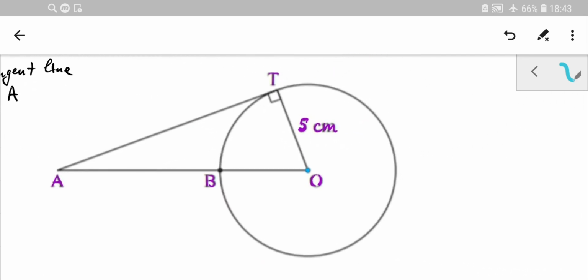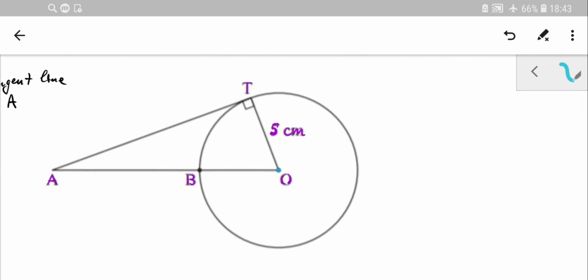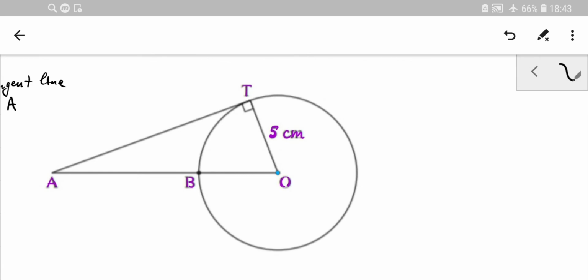So next, let's do some simple, trivial task. We have three points A, B, and O. O is the center. So this is 5, and this is also 5, because these segments are equal, they're radii.